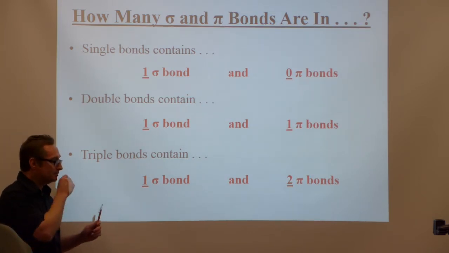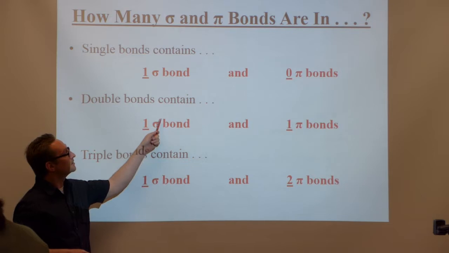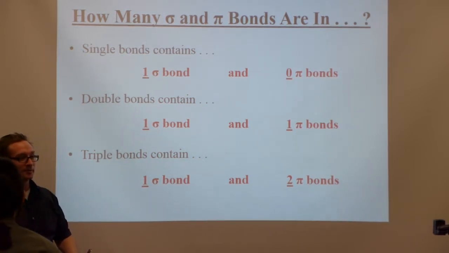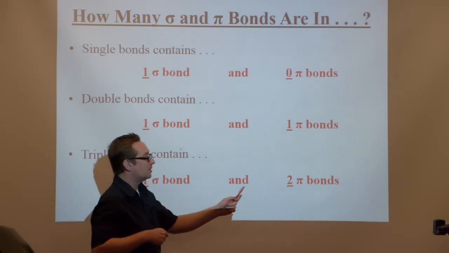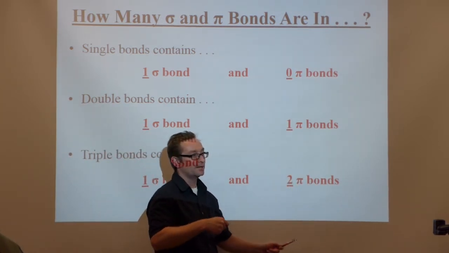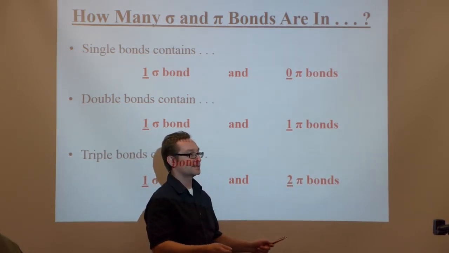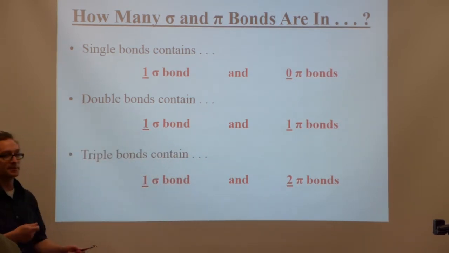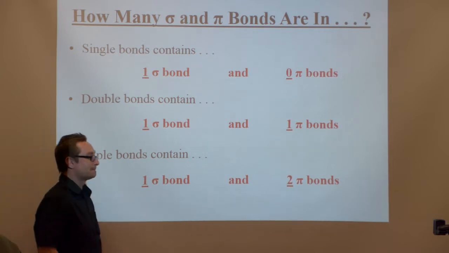And the sigma bonds are always made using hybridized orbitals. The pi bonds are always made using unhybridized p orbitals. For the sake of simplicity, we're doing that.